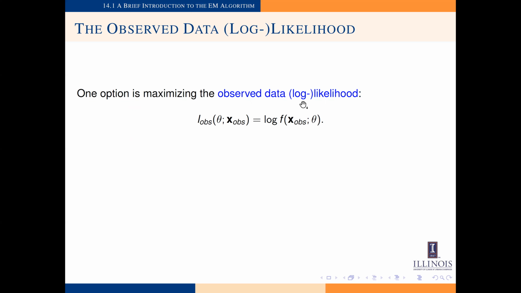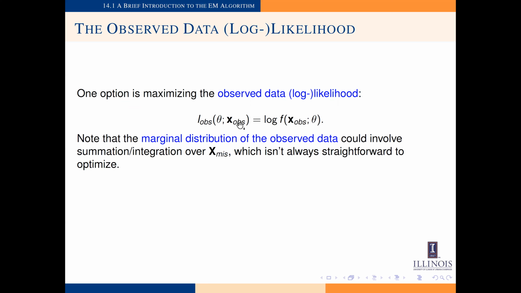The observed data log likelihood is the log of the density of the observed data given theta. As you can see, f of x_obs given theta is the marginal distribution of the observed data given theta. So this could involve summation or integration over all possible values of x_miss, so all possible values of the missing data, which isn't always straightforward to optimize.